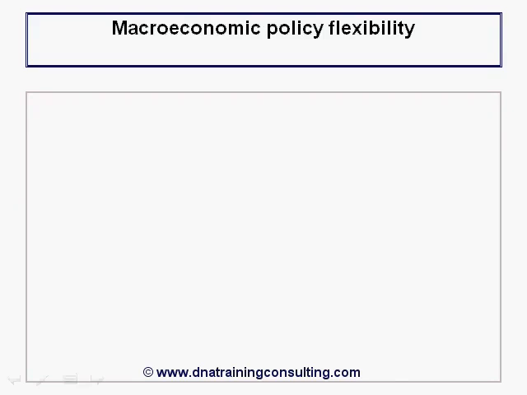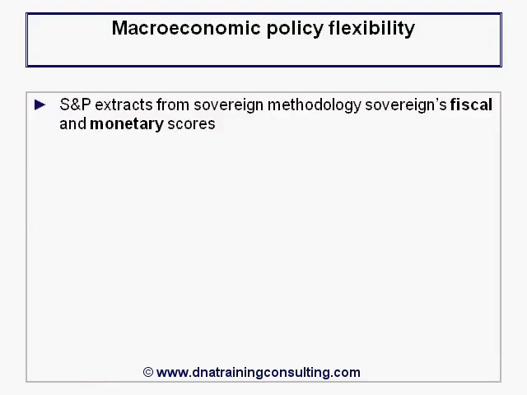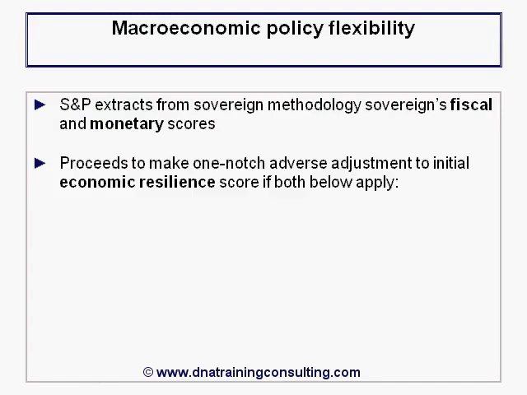The next subfactor is the degree of macroeconomic policy flexibility. Again, S&P begins by extracting from its sovereign methodology the sovereign's fiscal and monetary scores, and proceeds to make a one-notch adverse adjustment to the initial economic resilience score if both of the following apply.